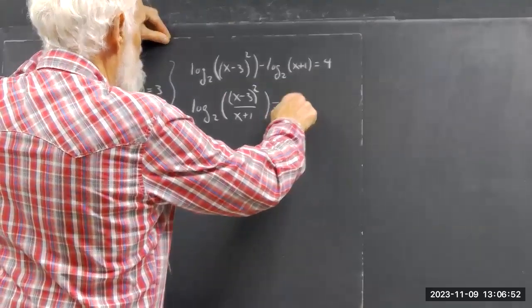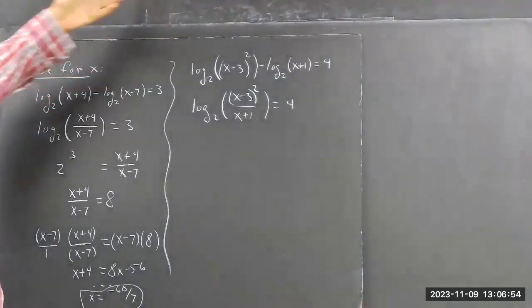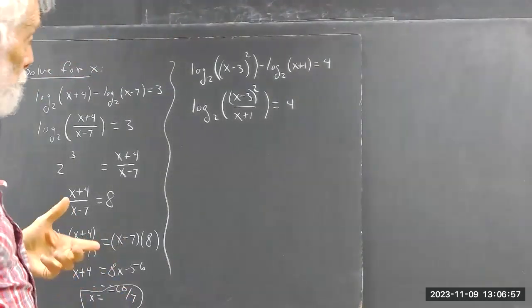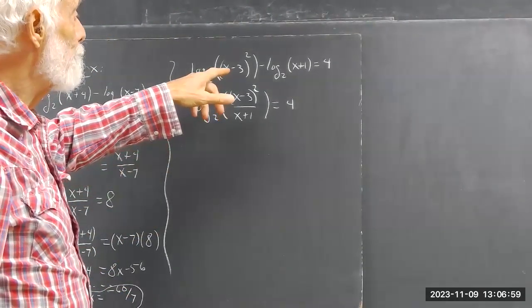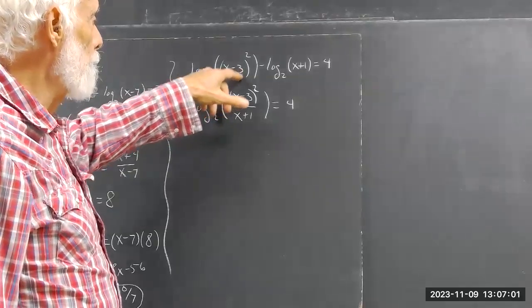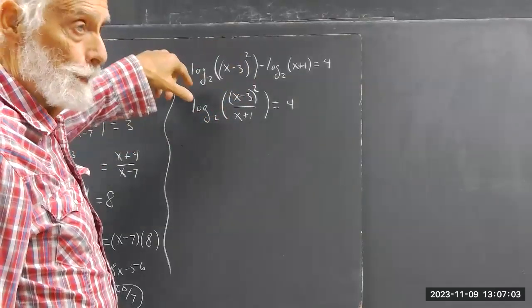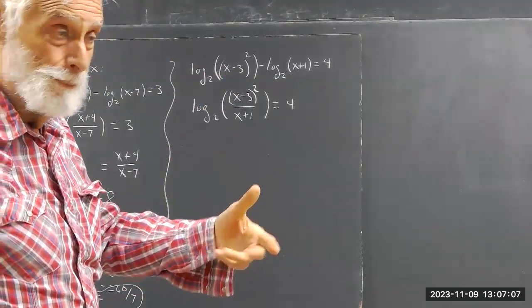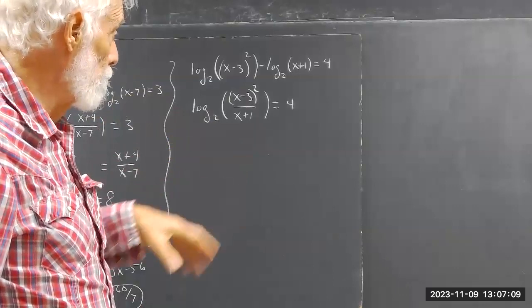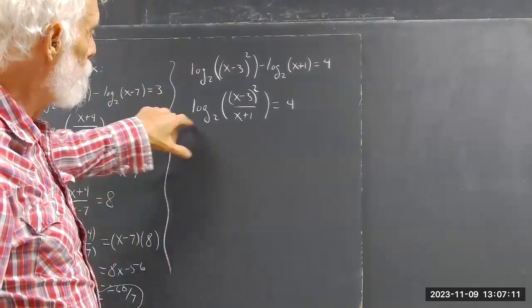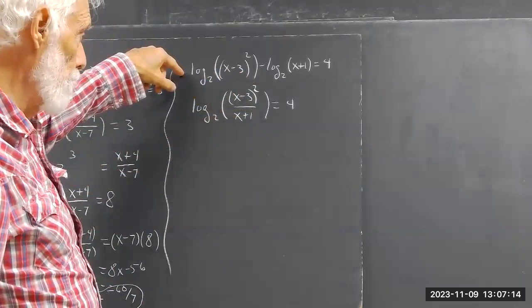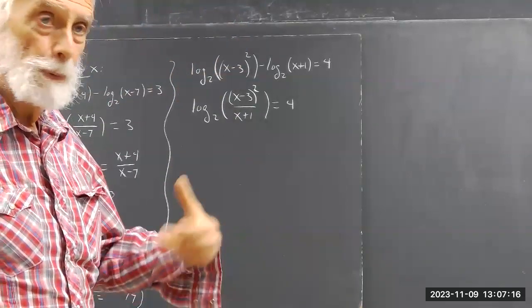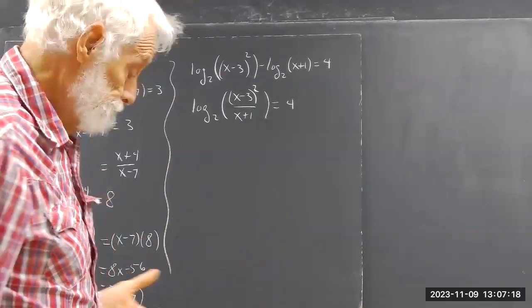That equals 4. Now, there's another thing you could do, and somebody kind of wanted to maybe do that. You could write the log base 2 of x minus 3 squared as 2 times the log base 2 of x minus 3 using the power. But that's not going to be helpful here because you want a single log, and if you get the 2 out in front, you're not going to be able to combine it into a single log.